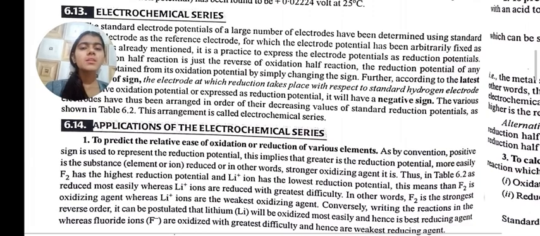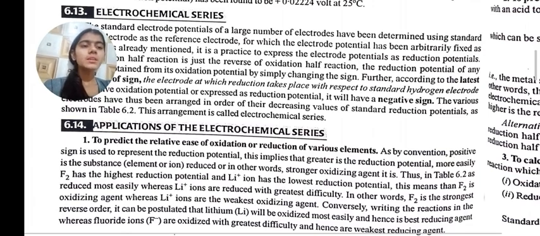F2 has the highest reduction potential and lithium positive ion has the lowest reduction potential. This means that F2 is reduced most easily, whereas lithium positive ions are reduced with greatest difficulty. In other words, F2 is the strongest oxidizing agent, whereas lithium positive ions are the weakest oxidizing agent.